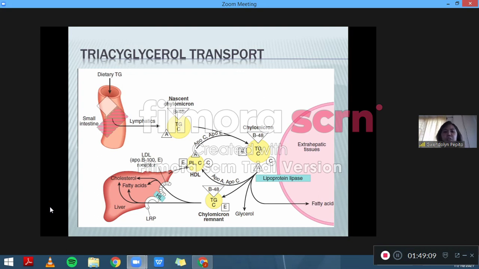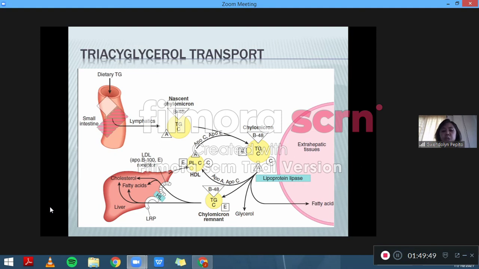Triacylglycerol, as previously mentioned by Harvey, is transported mainly via your lymphatics in the small intestine, so that it can be distributed to the different tissues in the body for use. And same, more or less, with your VLDL. The triacylglycerol is acted on by your lipoprotein lipase to produce the fatty acids that your different tissues need.